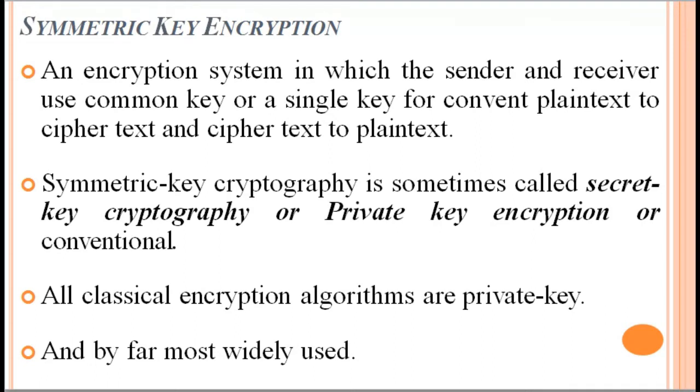Sometimes it's called secret key cryptography, private key cryptography or conventional key cryptography. All classical encryption algorithms are symmetric key encryptions, and nowadays symmetric key encryption is widely used worldwide for data transactions.